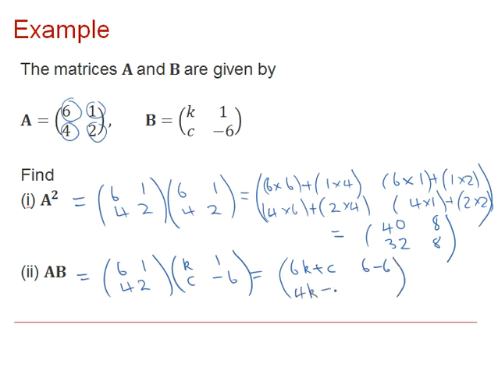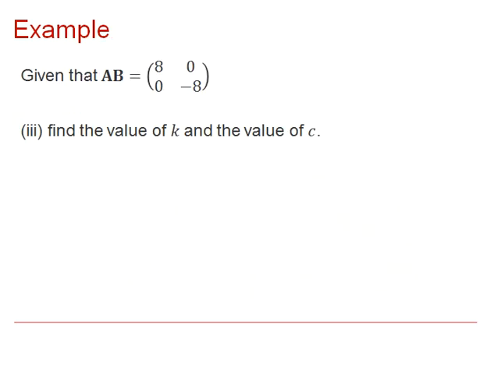We've got 4k plus 2c, and we've got 4 minus 12, and that would give us a result of 6k plus c, 0, 4k plus 2c and minus 8. That AB equals 8008. Let's just remind ourselves that that was 6k plus c, 0, 4k plus 2c, minus 8.